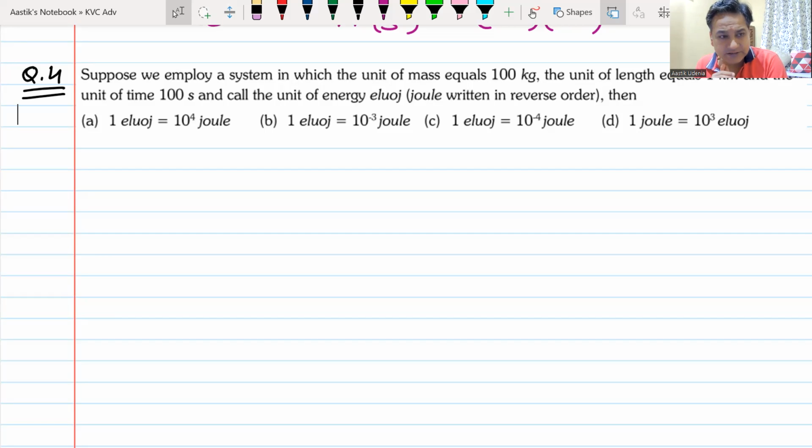What is the correct relation? Again, you can take this as a multiple choice question. Looking at the options, you can see that more than one option cannot be correct, so this is a single option correct question. Can you tell me which is the correct answer? What is the relation between the new unit, E log, and our old unit, the joules?